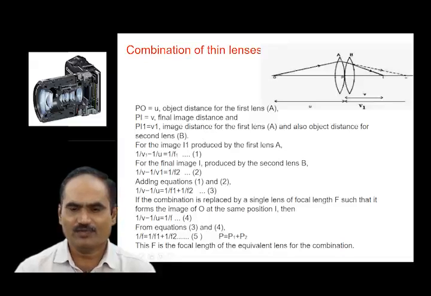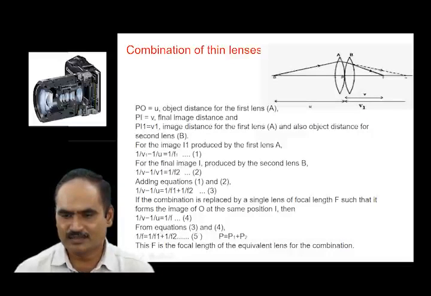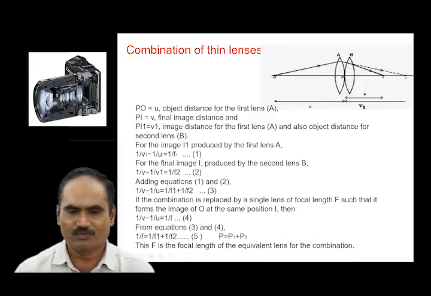In the same way, if you apply the same lens formula for the second one, we write 1/V, because this is the final image formed, so V is taken as the final image distance: 1/V minus 1/V1. Here, let me write.